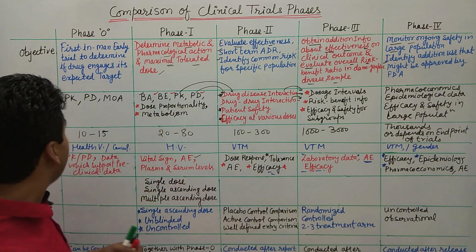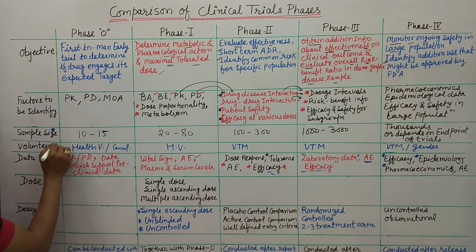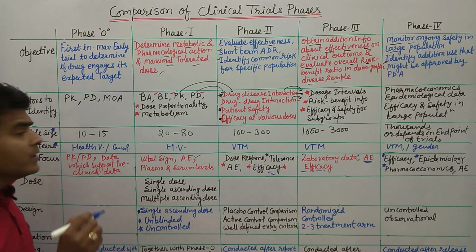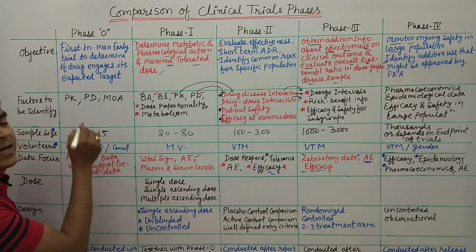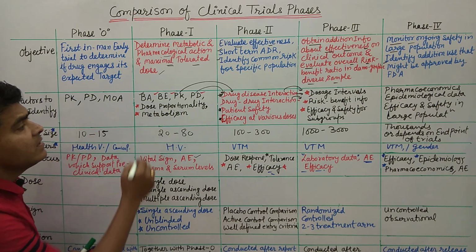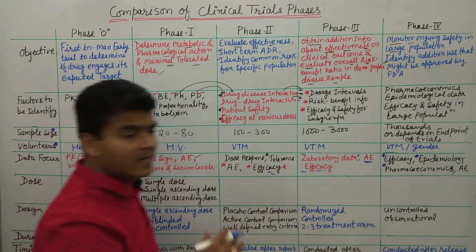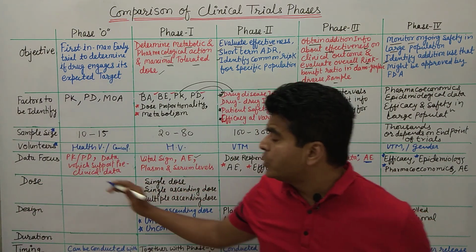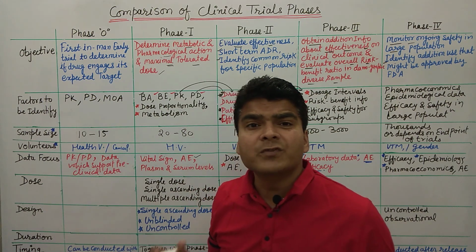And sometimes questions are asked on sample size as well as on the volunteers. These are the two important points: which type of volunteer we are using in phase 0, phase 1 and any of the phases, clear. Then further we have the dose. Which type of dose are we taking?